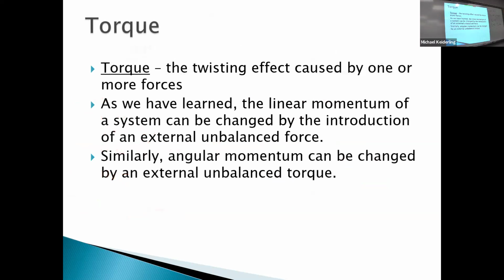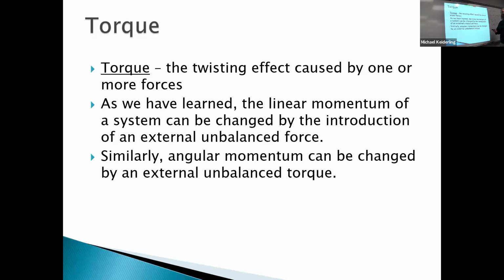So that was momentum. Now let's talk about spinning and twisting things. Torque is the twisting effect caused by one or more forces. When you apply torque to something, you apply a force to make something rotate.